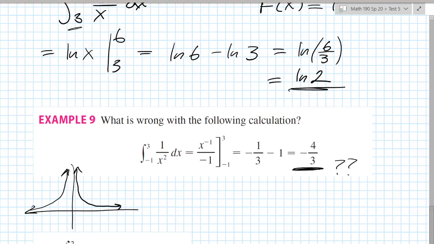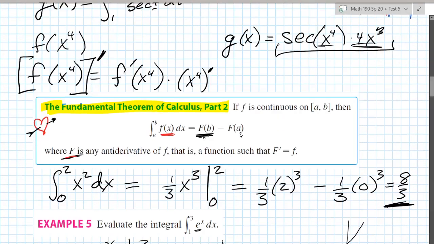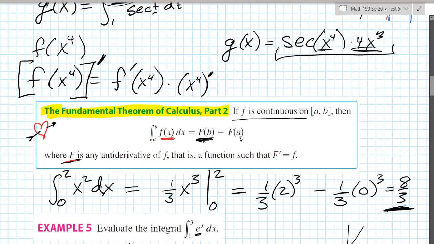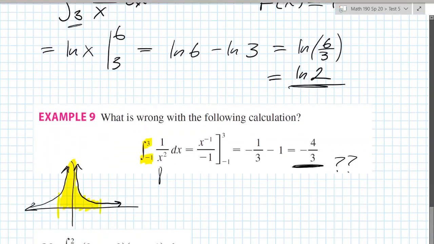The next thing that I want to point out is that our lower and our upper values cross something that's undefined. So let's scroll back up. If f is a continuous function on the closed interval, well, f is not continuous at x equals 0.